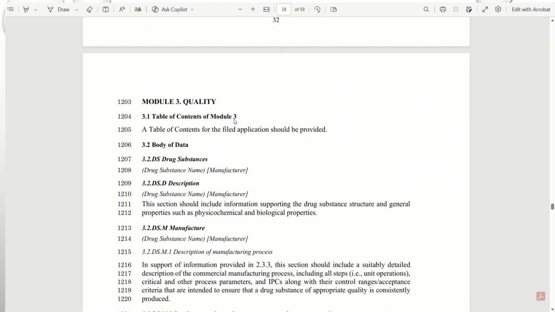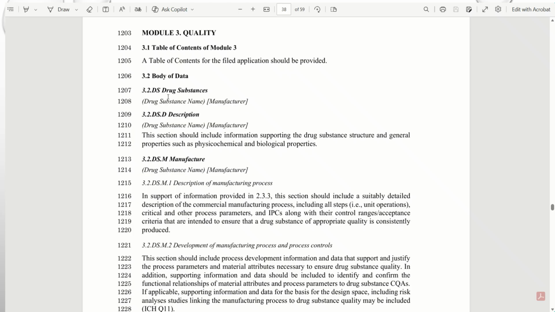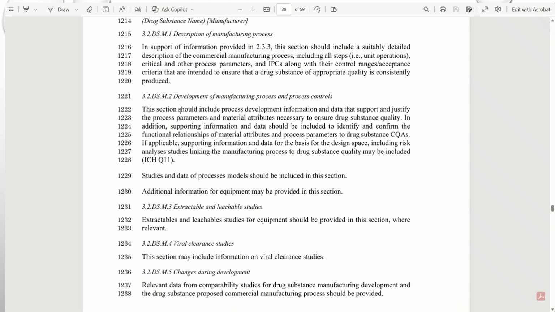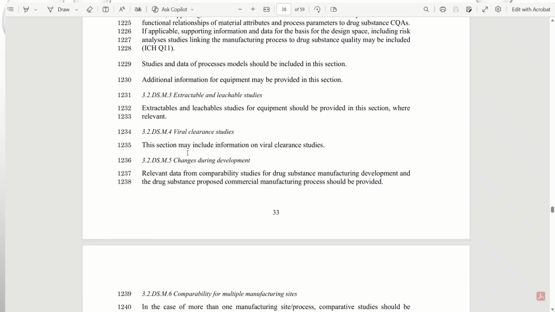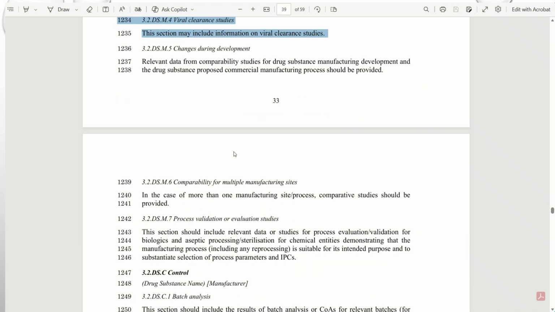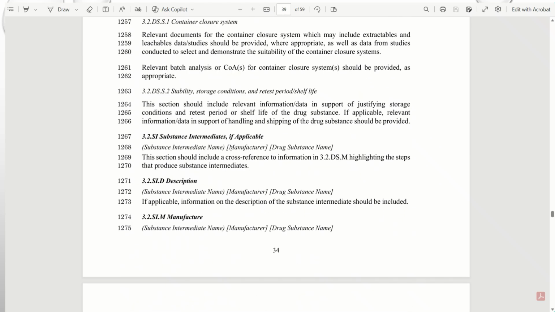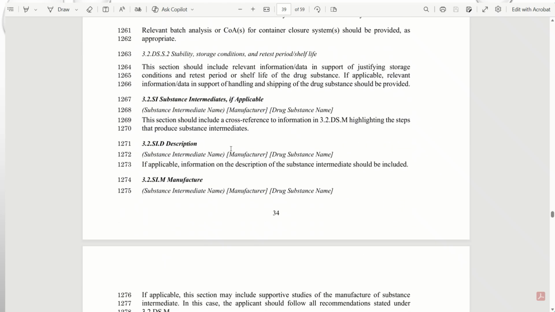This is still module 2, so module 3, the drug substance manufacture. Viral clearance studies is now integrated into this, which makes sense. Well, to me it does anyway. Substance intermediate.